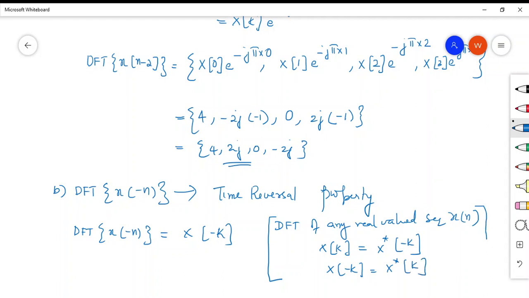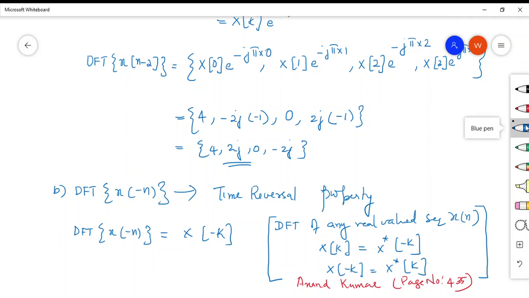Now the proof of this you can find in the textbook, DSP by Anand Kumar, page number 435. Okay, so this is the proof. That means for any real valued sequence x of n, X of k is equal to X conjugate of minus k, and X of minus k is equal to X conjugate of k.